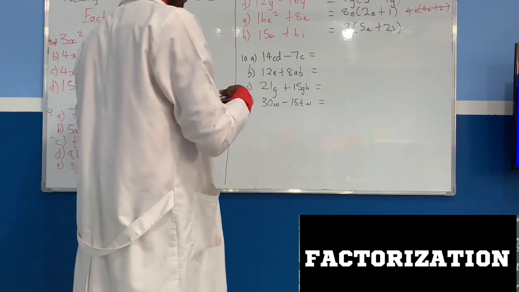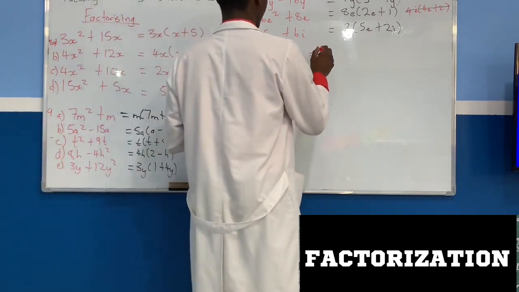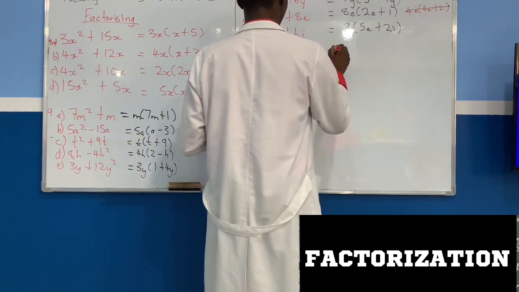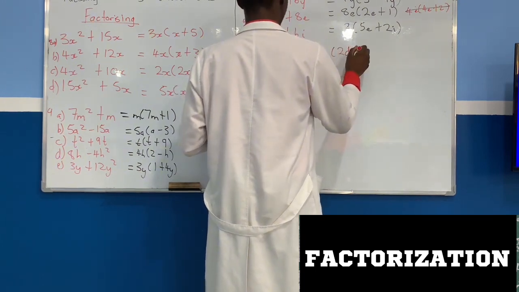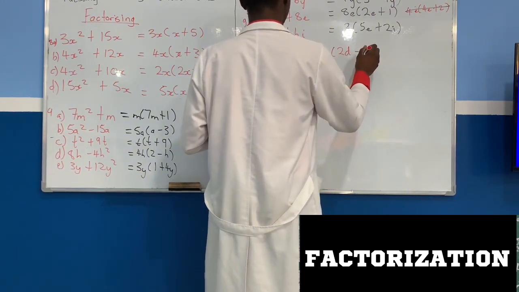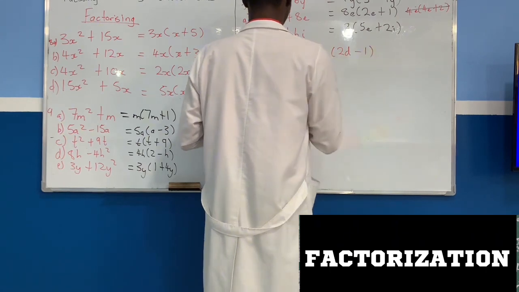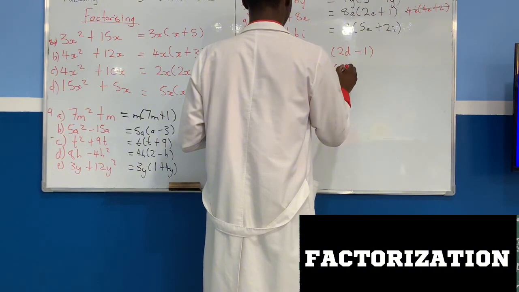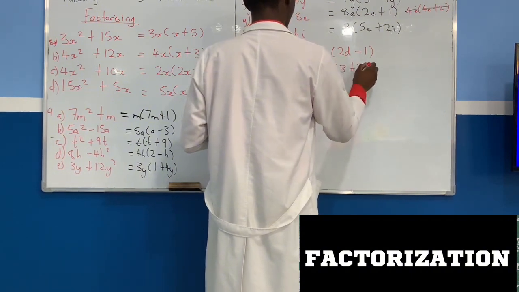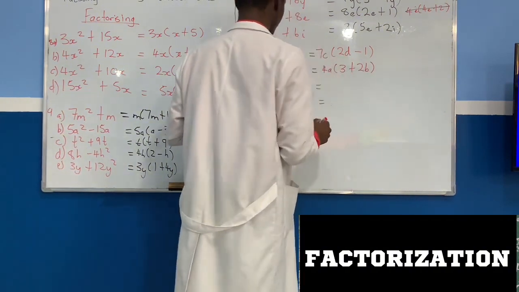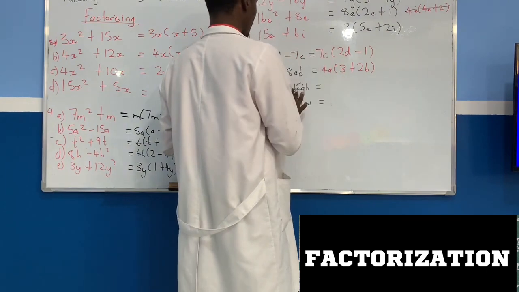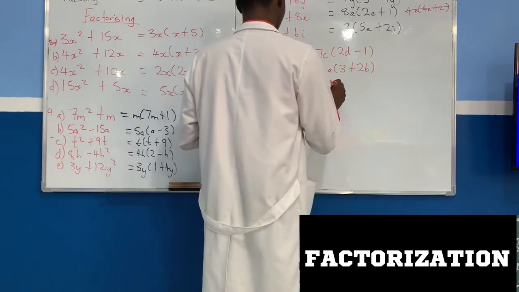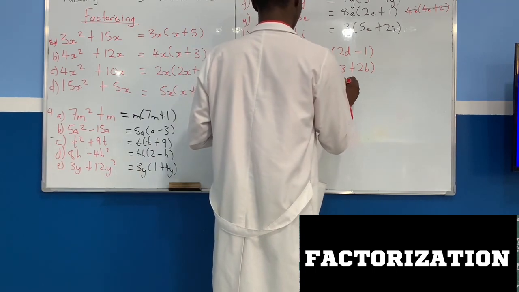So here we see that the common factor was 7c. So we write 7c bracket 2d minus 1. In the second, we see the common factor was 4a. So we write 4a bracket 3 plus 2b. In the third one, we had the common factor 3g multiplied by 7 plus 5h.